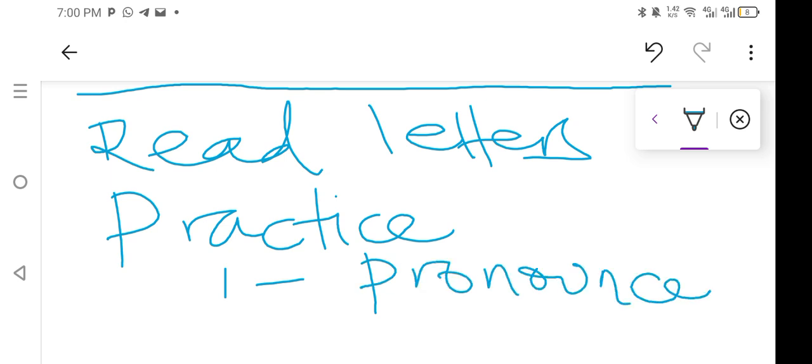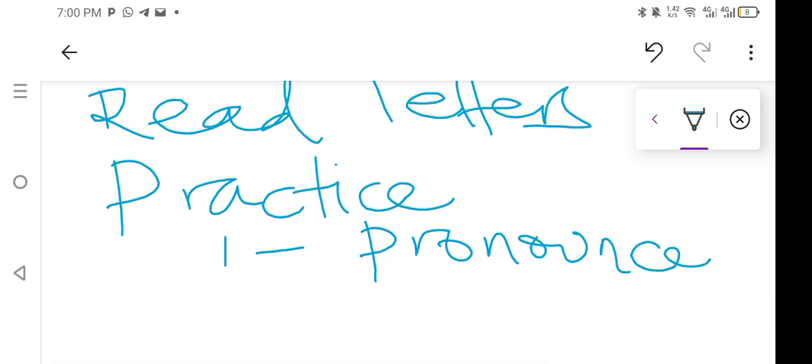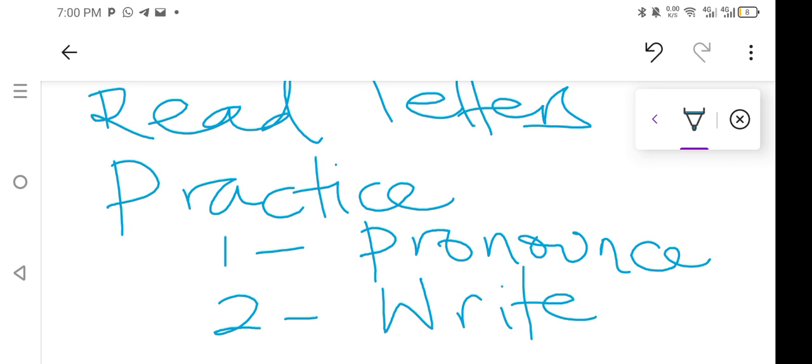Practice how to pronounce, and two, practice how to write, so that by the time you come to the next lesson, the second one, where we'll cover at least the next 5 letters of the alphabet, you will already have mastered the first letters. So again, alpha, beta, gamma, delta, epsilon.